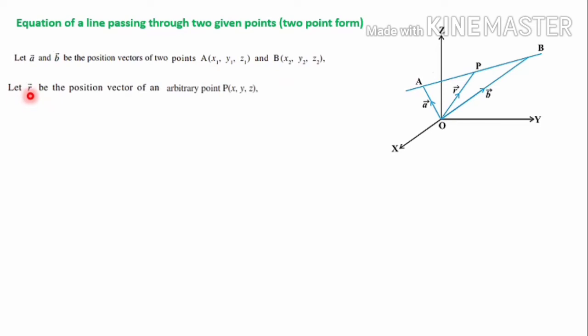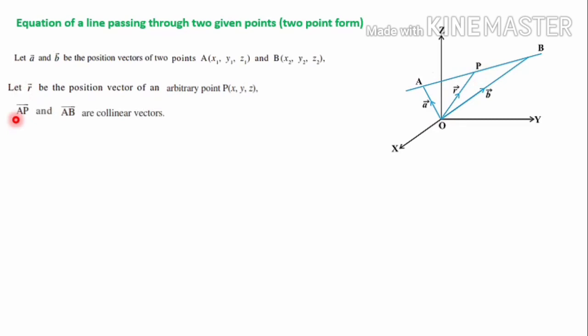Let vector R be the position vector of an arbitrary point P (x, y, z). Arbitrary point means any general point on that particular line AB. In the previous topic also we took the arbitrary point as P. So the position vector OP is R.